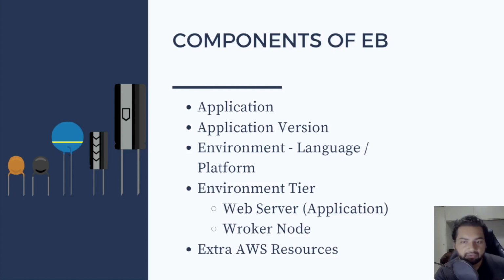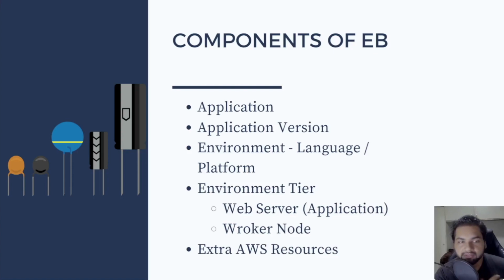After that you have to make sure for what purpose you are creating this particular service. That's the environment tier. Here you have to choose whether it is a web server or a worker node. Let's consider you want to develop a web server application, for example a Node.js application, or a Django application, or a Flask application. In that case, you have to make sure the version you select is compatible with your project.